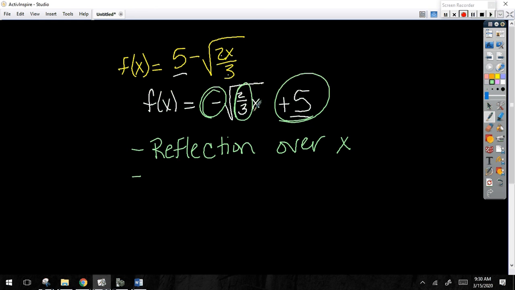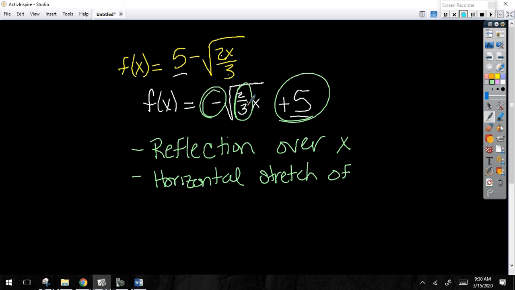The 2/3, this time it is in the parentheses here with x, so it's not out front of everything. So that is going to be a horizontal. And remember, everything horizontal is the opposite of what you think. This is smaller, so it's actually going to be a stretch. So we got a horizontal stretch of, and here's where things get a little bit confusing, okay?